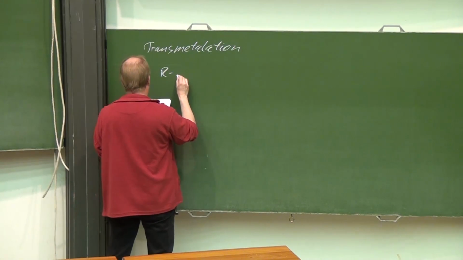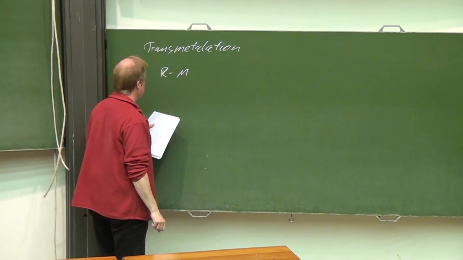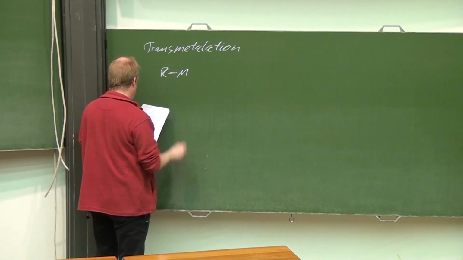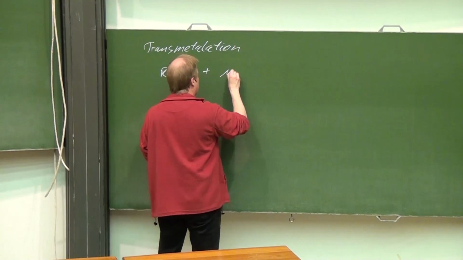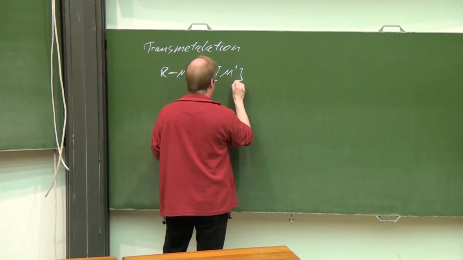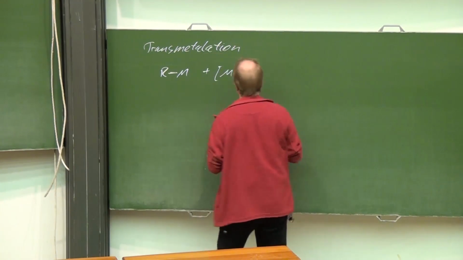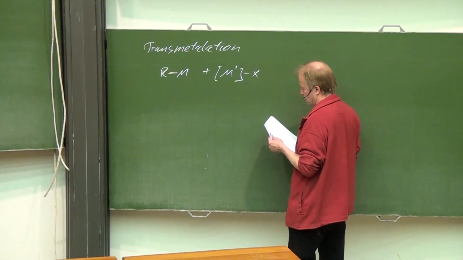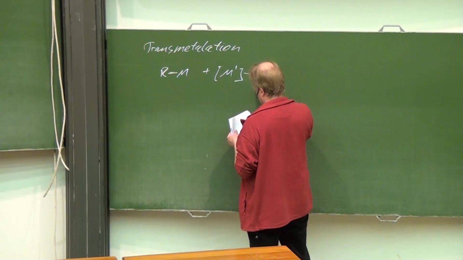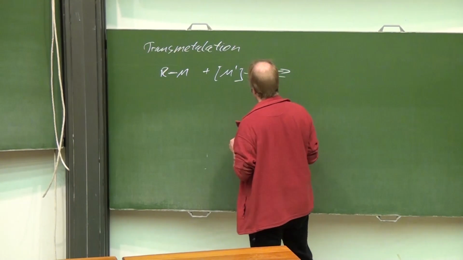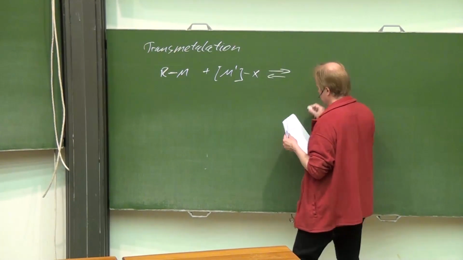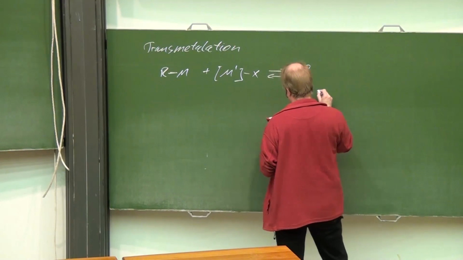So, we have some organometallic compound and a transition metal complex with a substituent X, most of the time a halide.